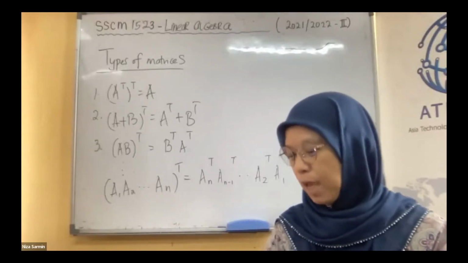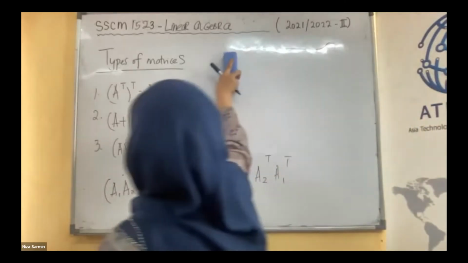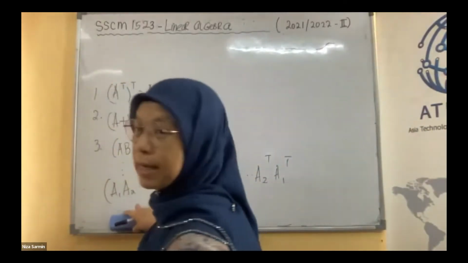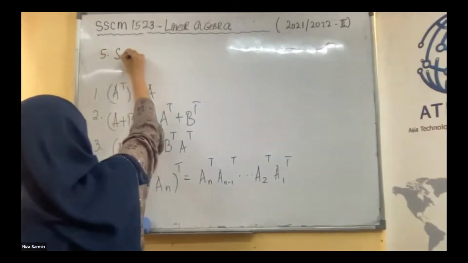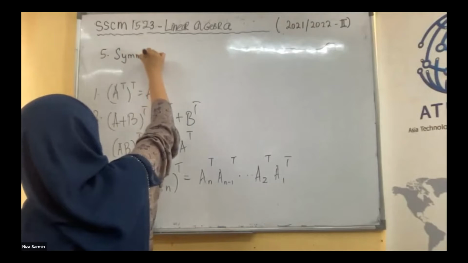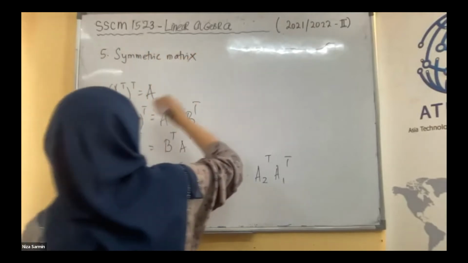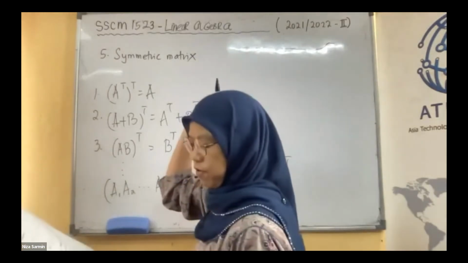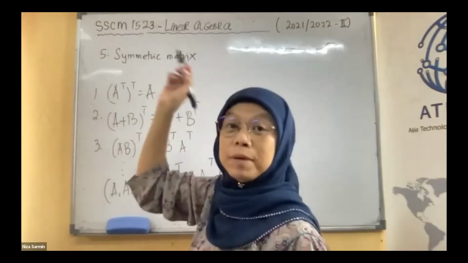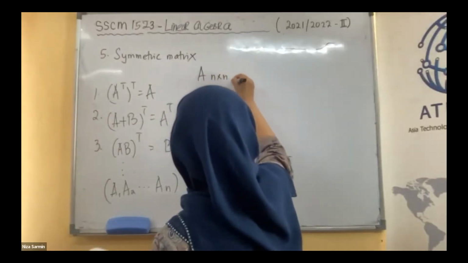Okay. The next one is which number? 5. Okay. Symmetric matrix. A matrix is symmetric, and this is for a square matrix. Square matrix A, n by n.